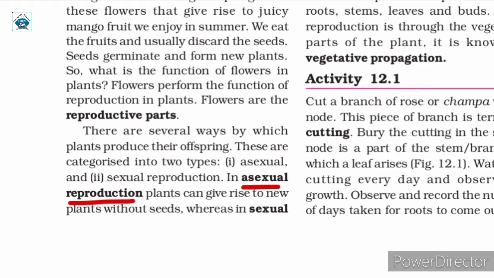In asexual reproduction, plants can give rise to new plants, that is, their offspring, without seeds. On the other hand, in sexual reproduction, the new plants are produced with the help of seeds, that is, from the seeds of a plant. So in this process, flowers of the plants participate in reproduction.